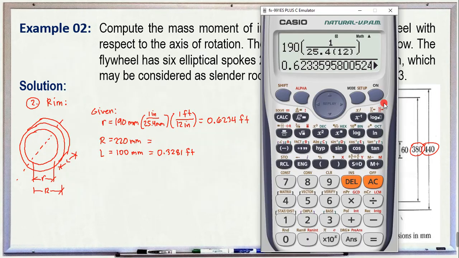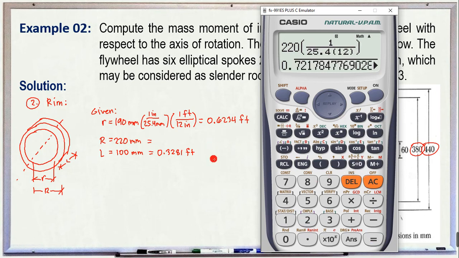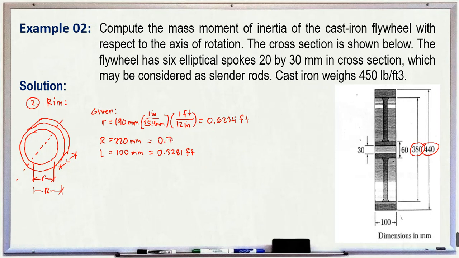And then for 220, we type 220 times 1 over 25.4 times 12. So we have 0.7218 foot.